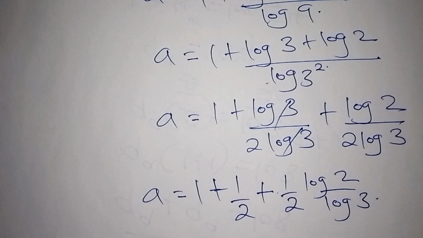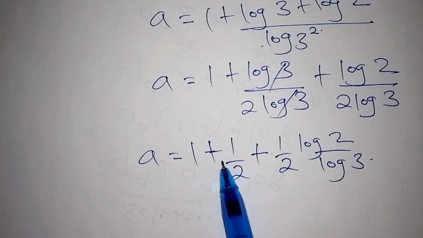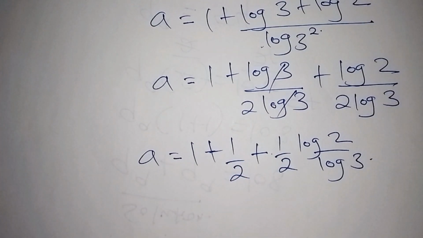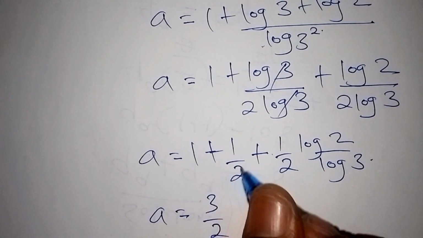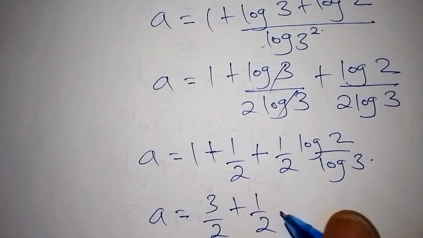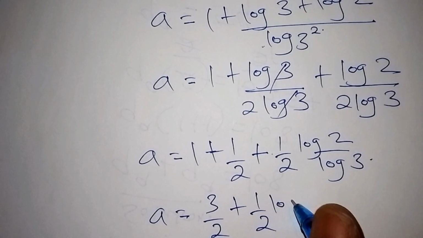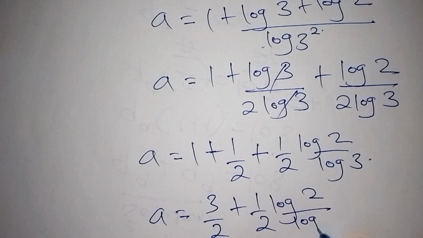Now 1 plus 1 over 2 is 3 over 2, plus a half, then the log of 2 all over the log of 3.